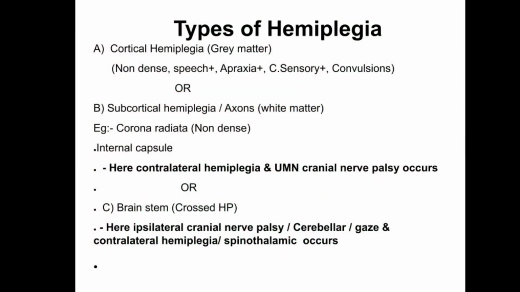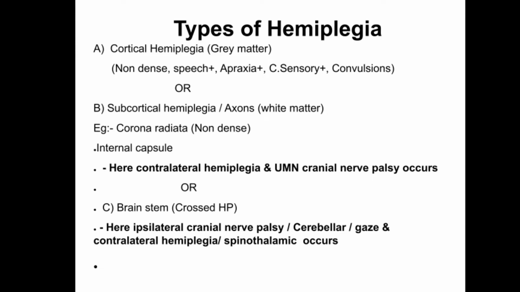So these are the areas where a brain stroke, meaning inside the skull, can develop hemiplegia. So if it is cortical, it is usually non-dense, and speech will mainly be affected, and also apraxia or cortical sensory disturbances, etc. are also very important when you consider the stroke as cortical.